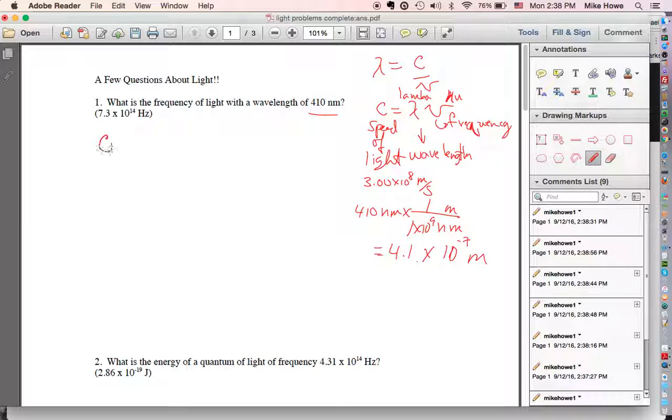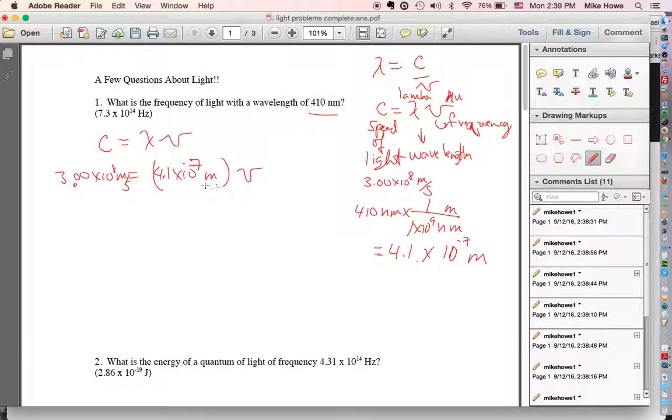So now we're going to use this formula. c is equal to wavelength times frequency. We know the wavelength is 4.1 times 10 to the -7th meters. We don't know the frequency, so we put a nu in there. The c is 3.00 times 10 to the 8th meters per second.